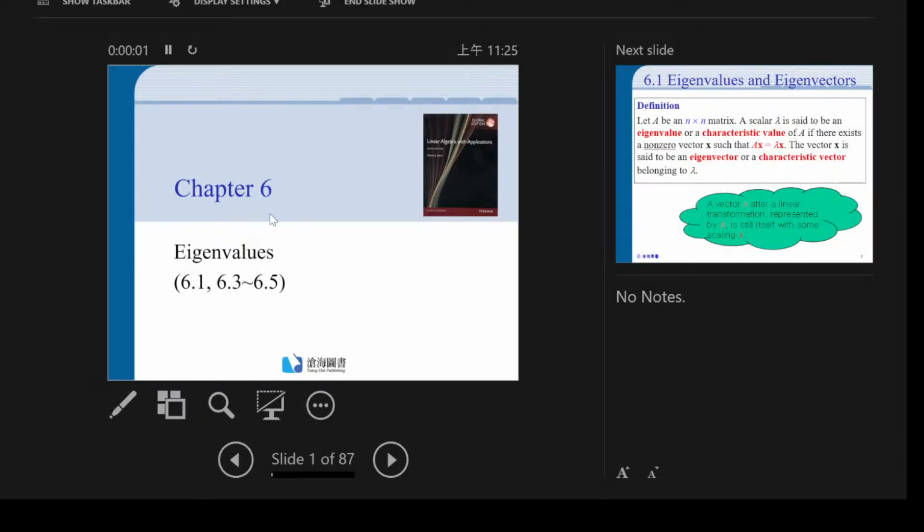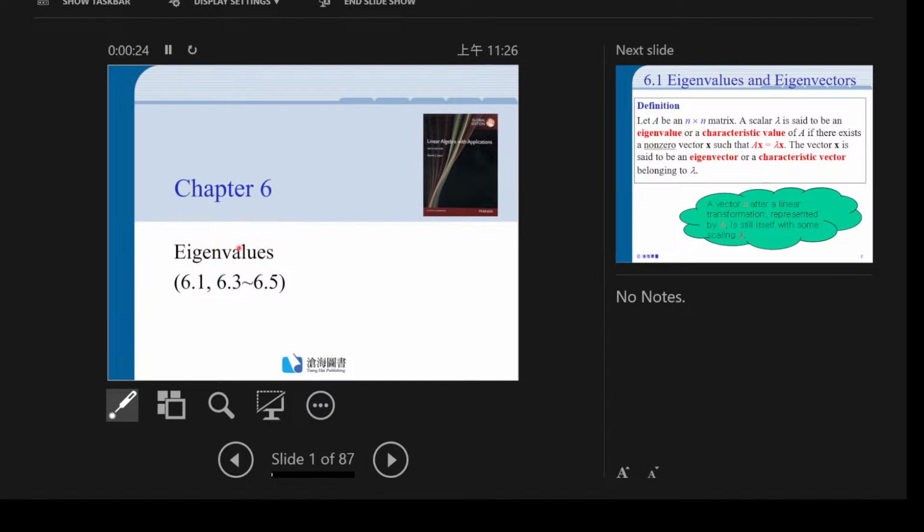Okay, so eigenvalues, and we actually talk about more than eigenvalues, we also talk about singular values, but they are kind of similar to eigenvalues. Anyway, in chapter 6, the most important things we talk about are eigenvalues and eigenvectors.